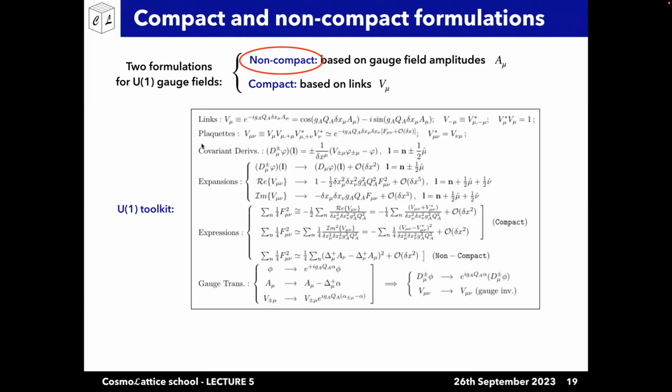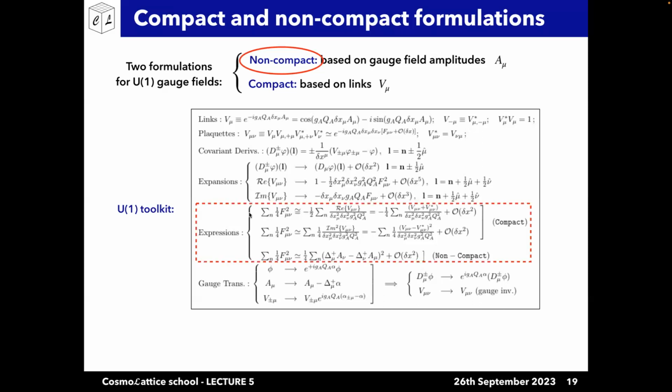So we have basic definitions of these quantities. Then we have different expansions, which allow us to write gauge invariant quantities by relating the different terms of the action or of the equations with the gauge covariant derivative, links and plaquettes. And you also have other expressions that may be useful, and how the different quantities transform under gauge transformations.